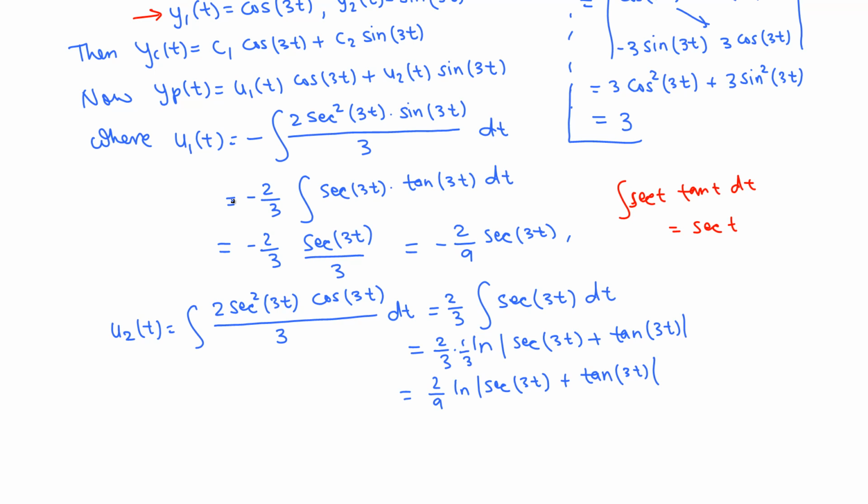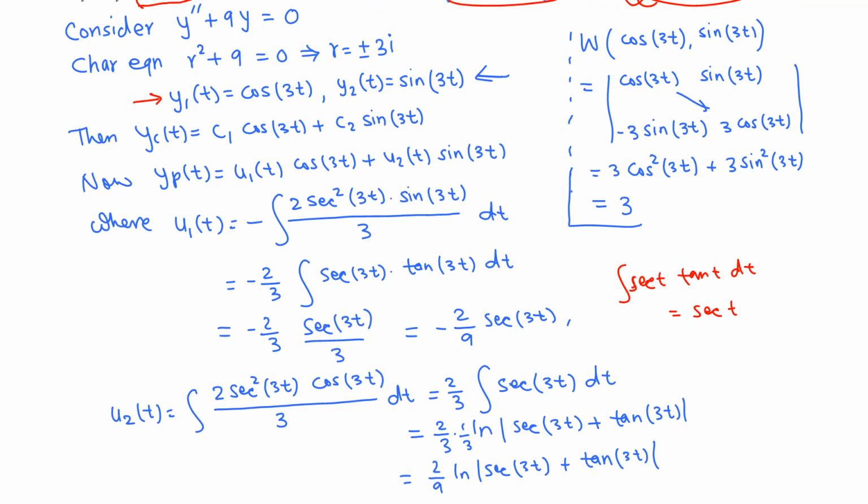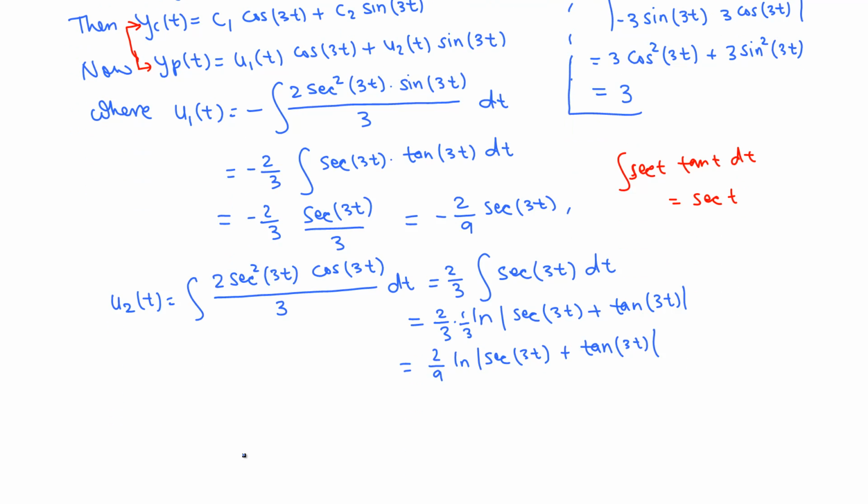Okay, so in this way, now let's go back and see. We found yp, the particular solution. u1 and u2 are found here, and the sum of yc and yp gives the solution of the original ODE.